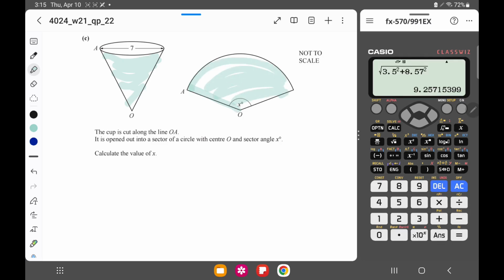If you just open the cone, that will become a sector. The curved surface area of the cone is equal to the area of the sector. So this way you can find your answer. Here the curved surface area of the cone is equal to pi r l.